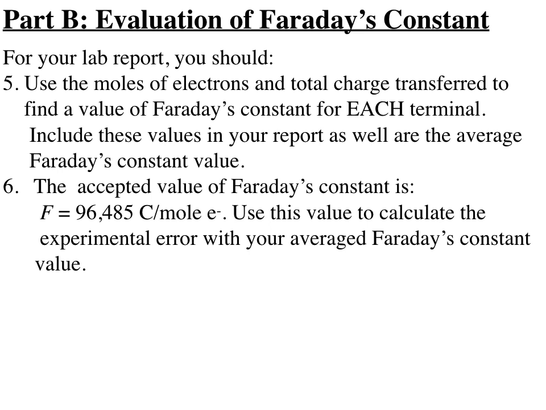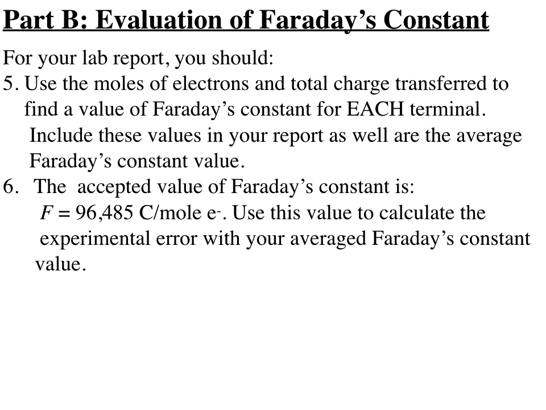That is the value we calculated on the previous slide, but each of them should have a different number of moles of electrons lost or gained based on what you calculate on the previous slide. So you should get 4 individual values of the value of Faraday's constant. Please include those in your report.